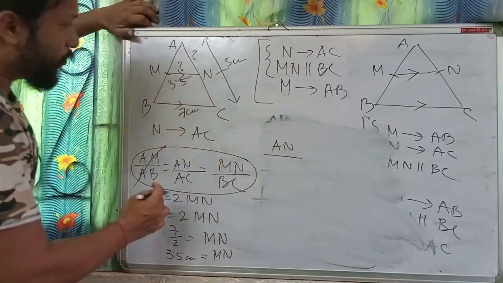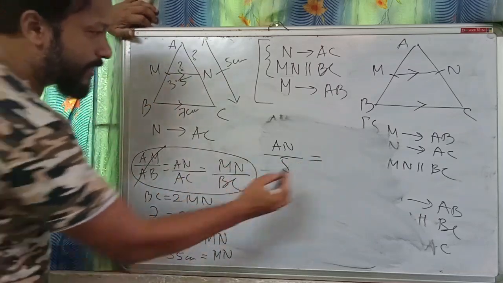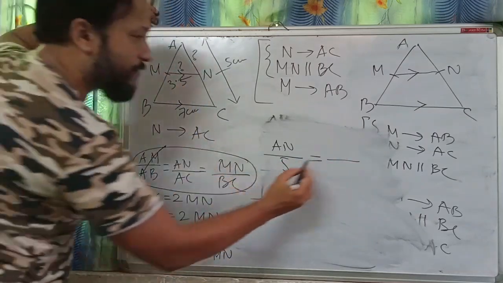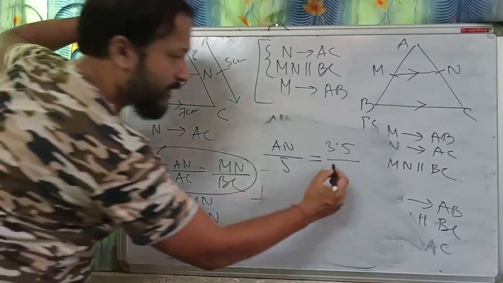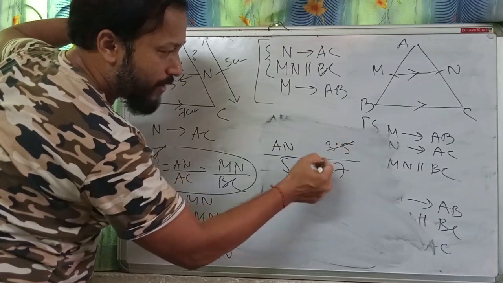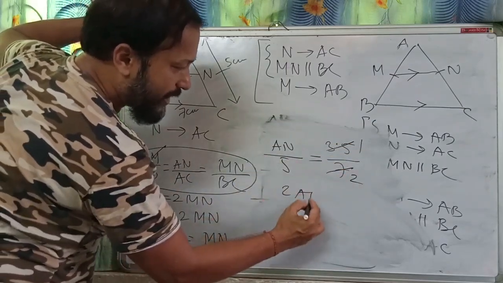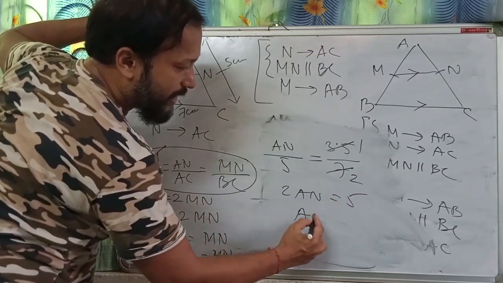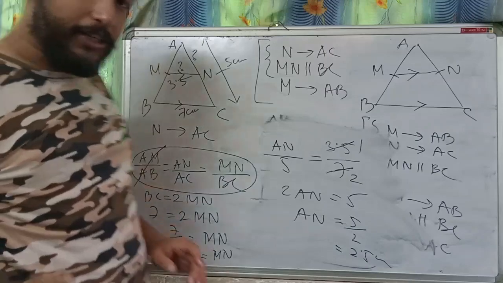What is AC? AC is 5. 5 equal to MN by BC. What is MN? MN is 3.5. 3.5 by BC. BC is 7. Okay. So now cross multiply: 2AN equal to 5. So AN equal to 5 by 2, that is 2.5 centimeter. Right?